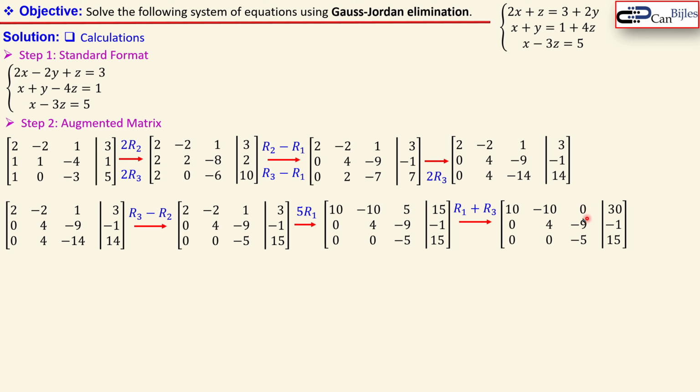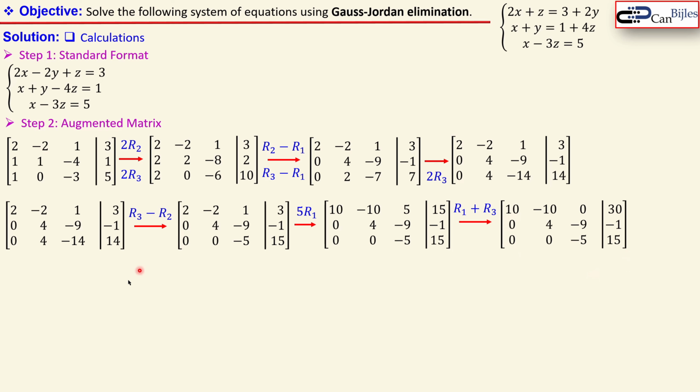Now, in order to get this also 0, I can look at this and this row, and this minus 9 and this minus 5, so we can see what the ratio is. So in order to calculate what the multiplication factor for this third row must be, we can say this is 9 over 5, which is 1.8. So I can then multiply this row 3 by 1.8. I have here also minus 9.